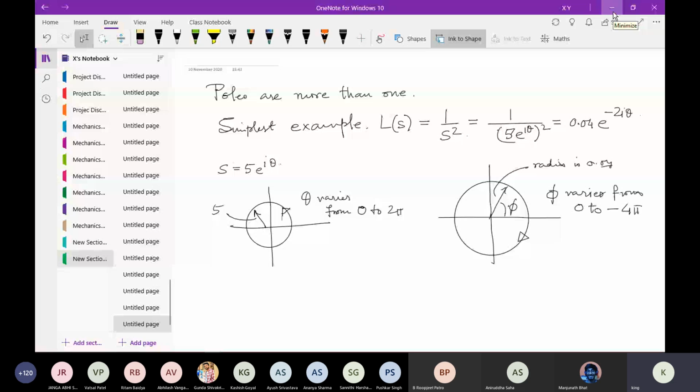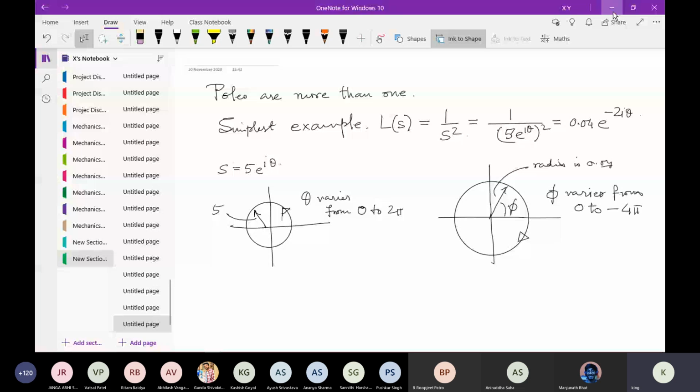If you are moving clockwise in your input, when you have zeros, you will move clockwise in your output, and the angle traversed will be clockwise into the number of zeros. If you have that, you are enclosing.